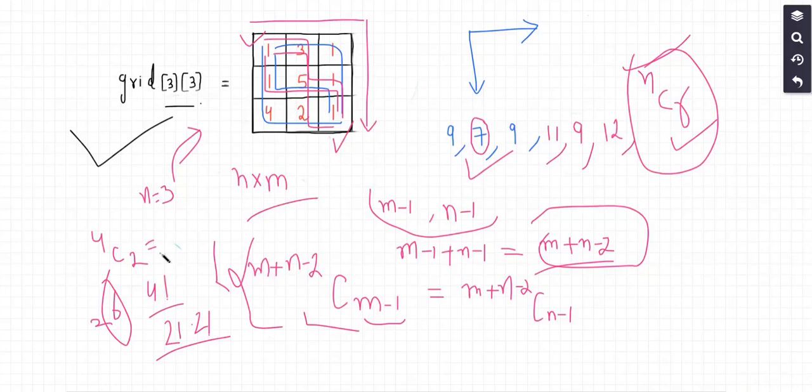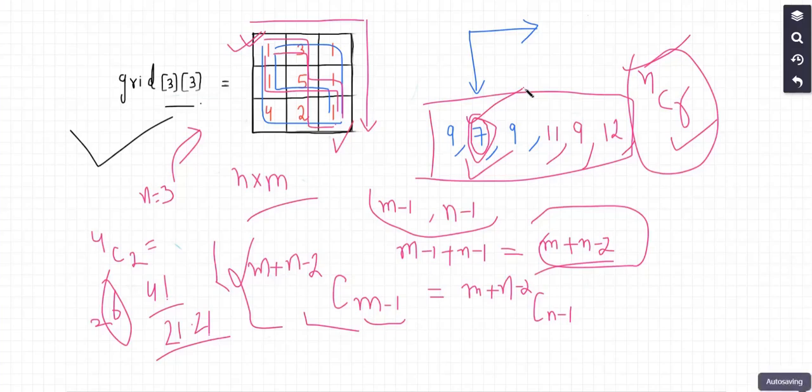So there would be 6 paths by which I can reach this cell starting from this cell, and that is indeed the answer. Here we have 6 paths. Fine, and out of all these paths, this path is giving me the least value, least cost, and hence the answer for this example test case is 7.